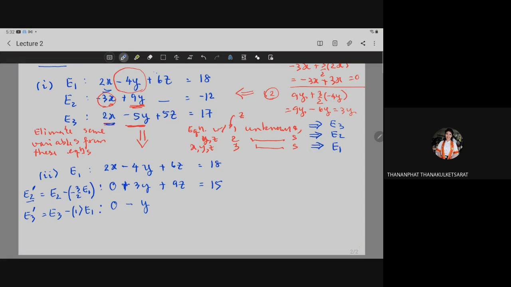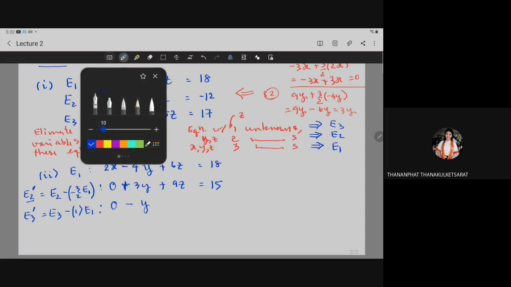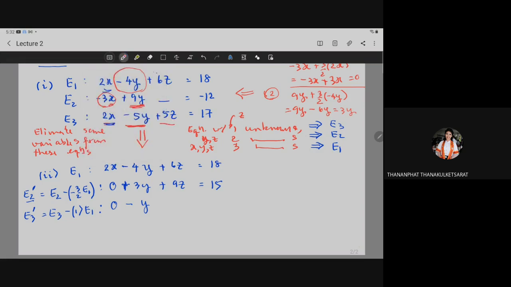And next, this one is plus 3. Okay. How about the next term? So for the next term I have plus 5z and then plus 1. Okay, so what do I get?